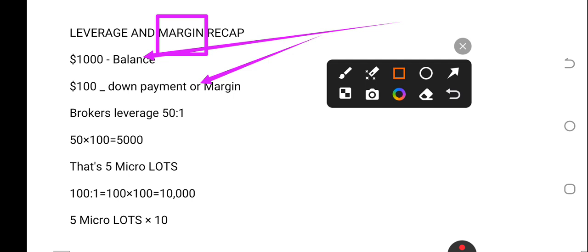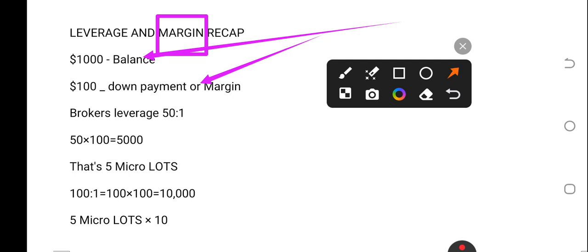Now, if your broker is offering a leverage, I already told you what leverage is. Leverage simply means your purchasing power, or the purchasing power that the broker gives you to open bigger positions. It is an increment. You have $1,000. Let me give you $100,000 to go and do business with.